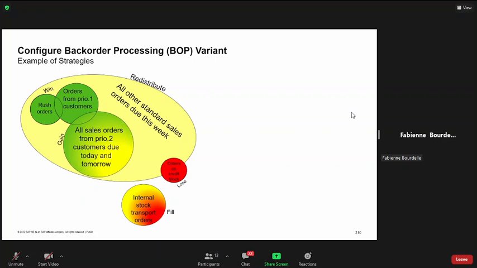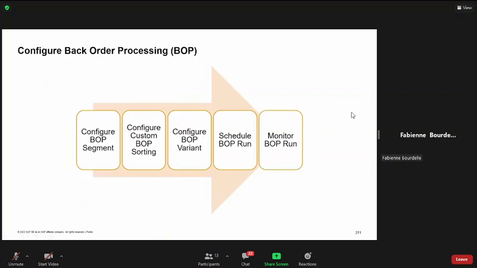This is an example, but it can take time to discuss this, and then the next step is, of course, configuring the system. First of all, you will have to configure the so-called backorder processing segments.